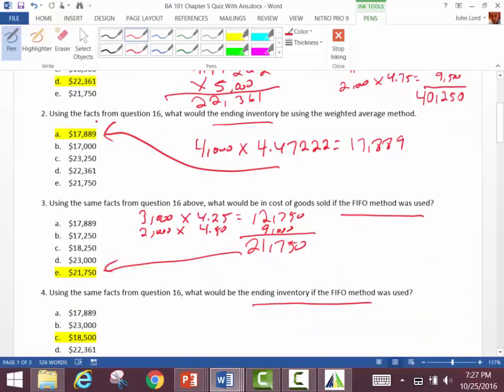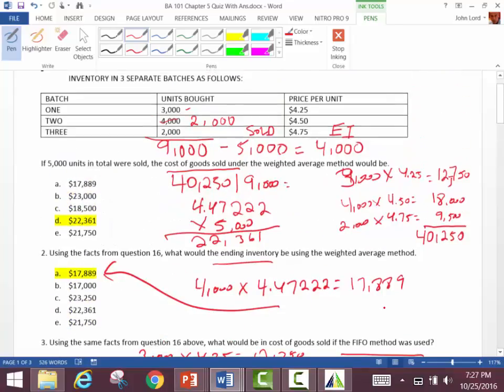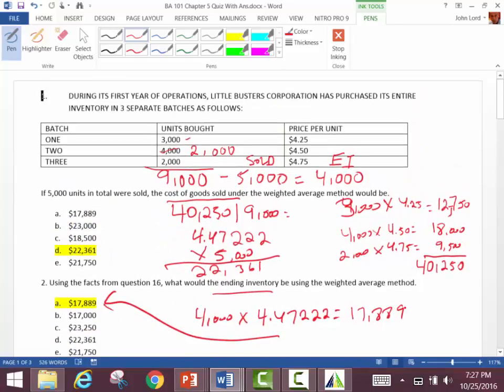Okay. 2,000 from batch 2 at what? 450? So that's 9,000? Okay. And how many from batch 3, sorry?